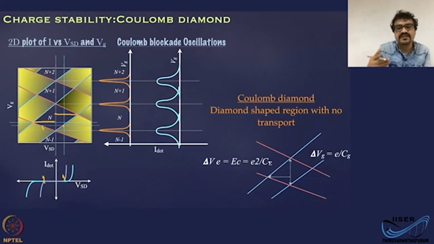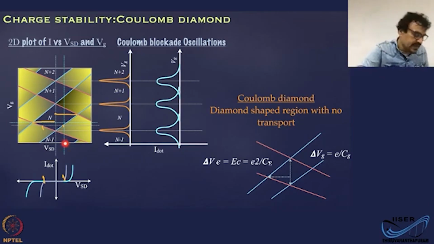So that is basically equal to adding one extra electron. So the delta Vg, that is the height of the diamond, should be e by Cg. So just by measuring the dimension of the diamond, you can actually get the total capacitance, C sigma, and you can also get the gate capacitance, or capacitance of that particular gate to the dot, Cg.